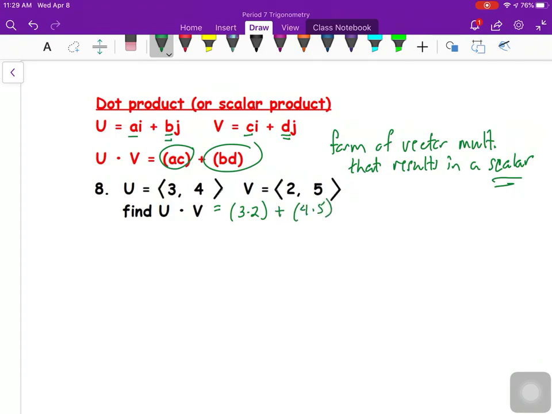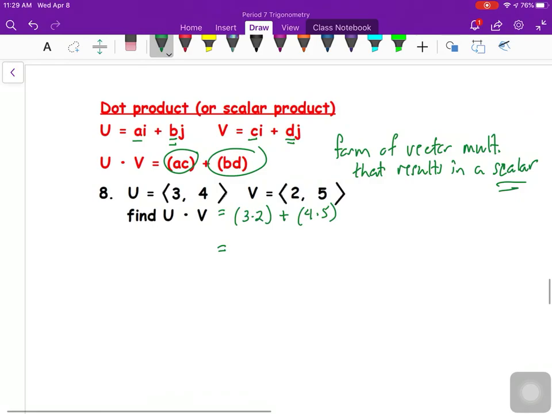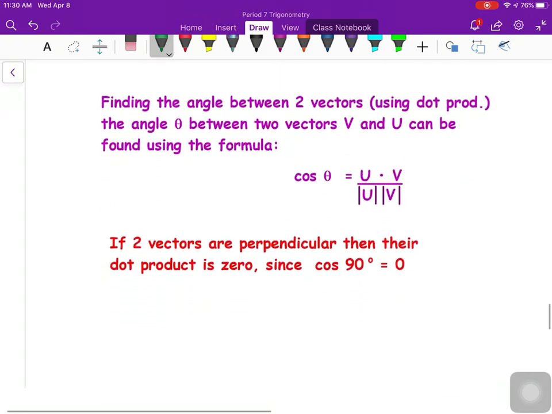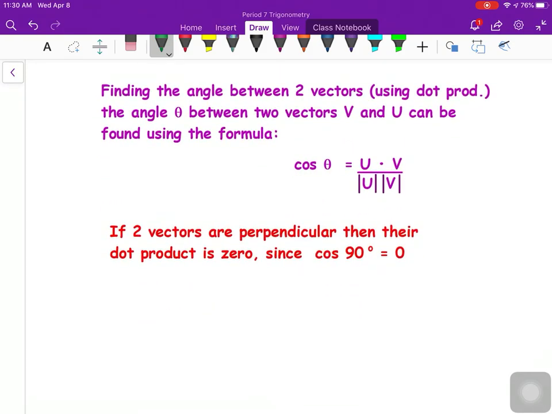Let's see what it looks like in practice here then. So if I'm doing u dot v, I have to multiply 3 times 2 and then add 4 times 5. 6 plus 20, I get 26.